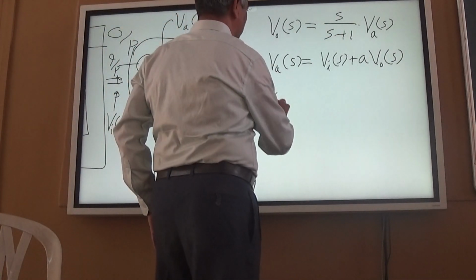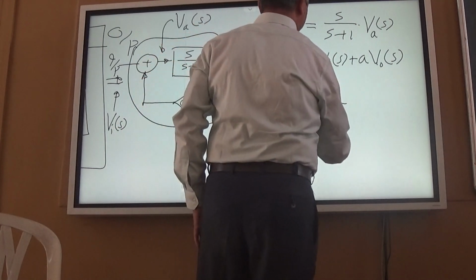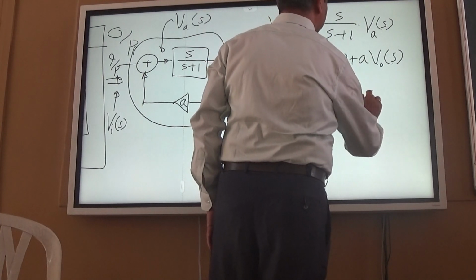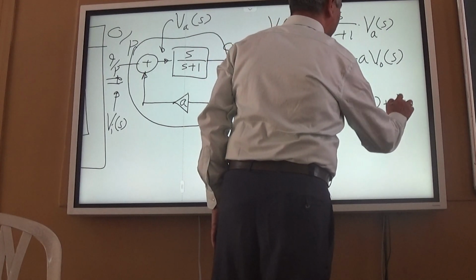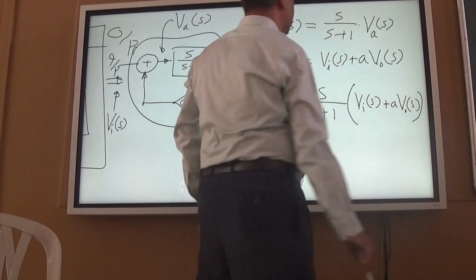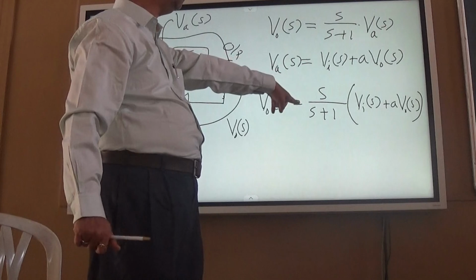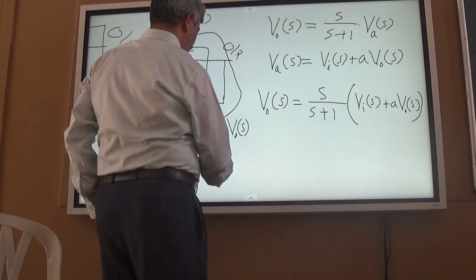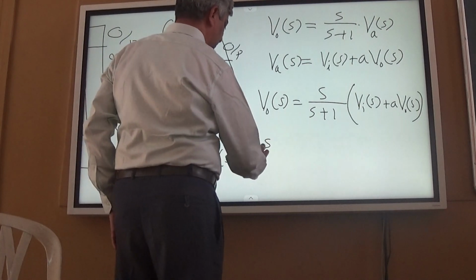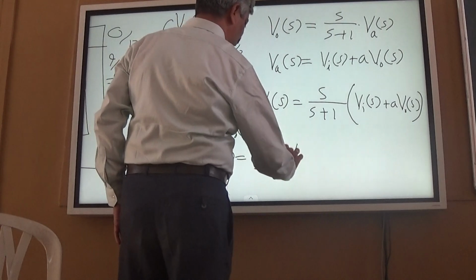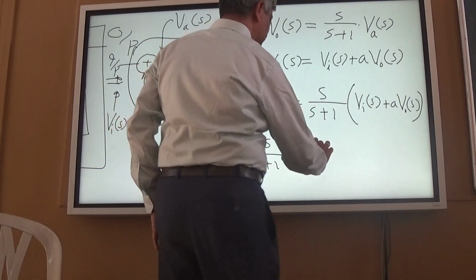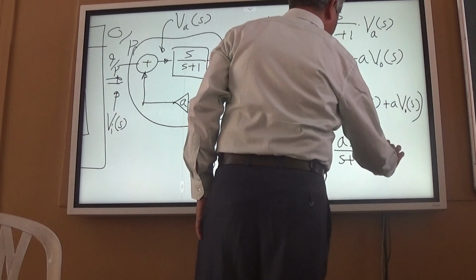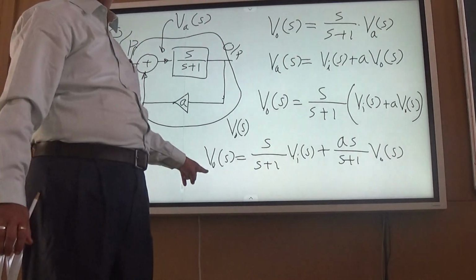So VoS is equal to S upon S plus 1 into V in S plus A VoS. Is it right? Is it okay? So then VoS is equal to S upon S plus 1 into V in S plus AS upon S plus 1 into VoS. Is it right?